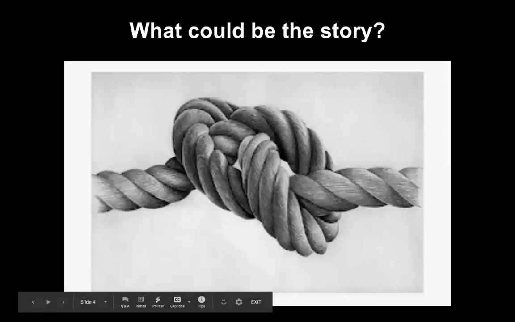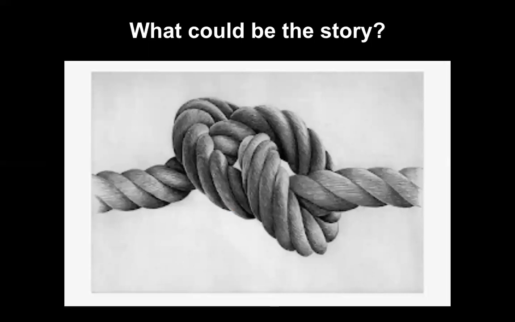Okay, so when you are looking at some of these samples, I want you to think about what could be the story. When I see this knot, and it's centered, it makes me think, why did they put the knot exactly in the center? And is this a tight knot? There's not a lot of gappage there.